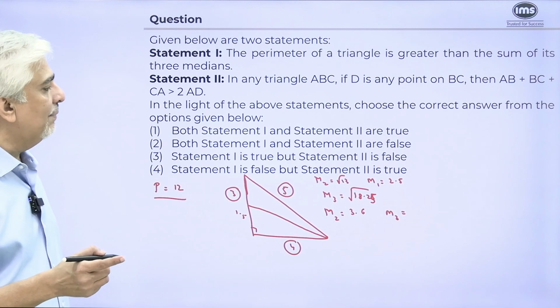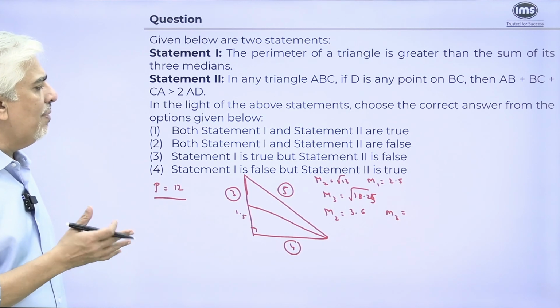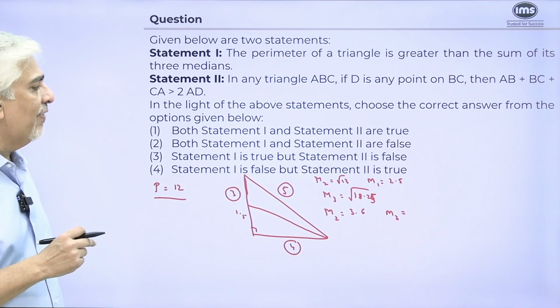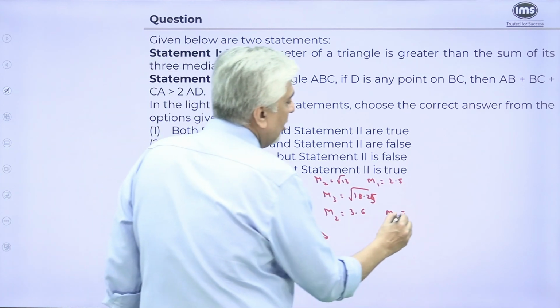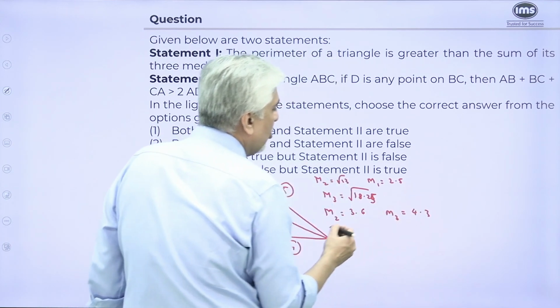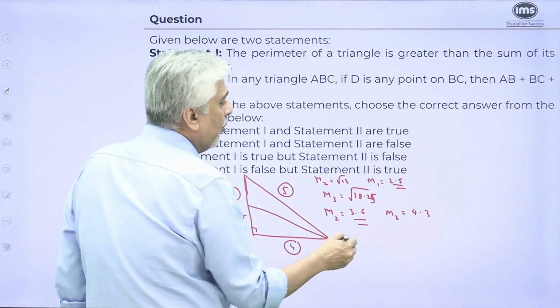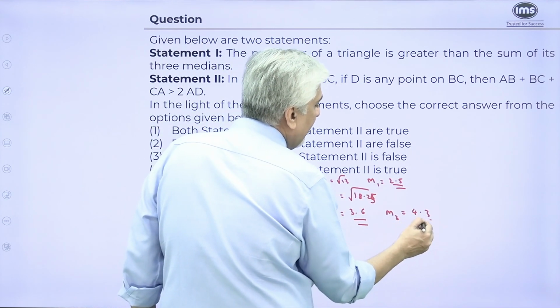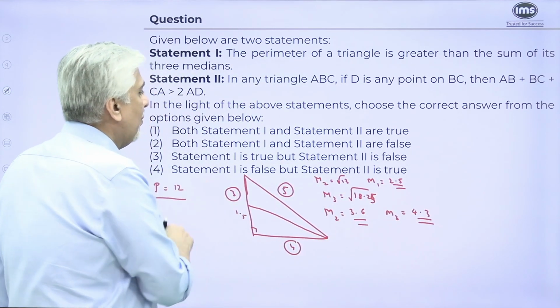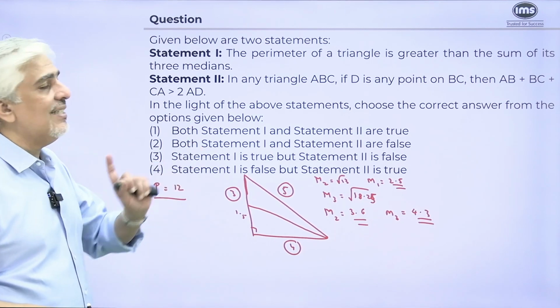It will be 4 point something, less than 5, and it will not be more than 4.5. In fact, it will be close to 4.3ish. So let's check. 2.5 plus 3.6 is 6.1, plus 4.3 is 10.4, much lower than 12. So the perimeter is always greater than the three medians.